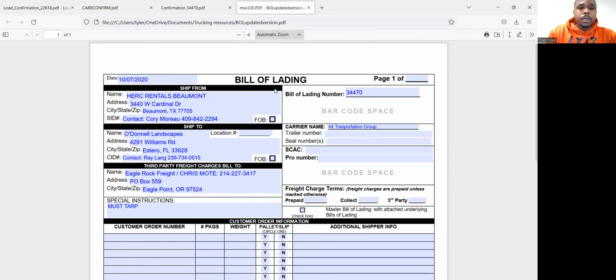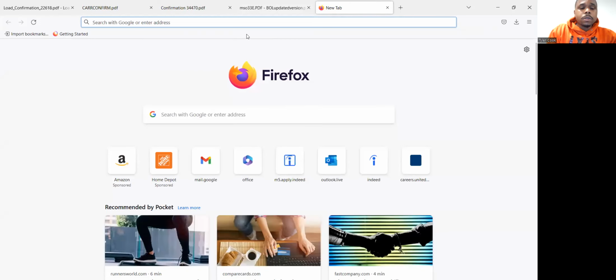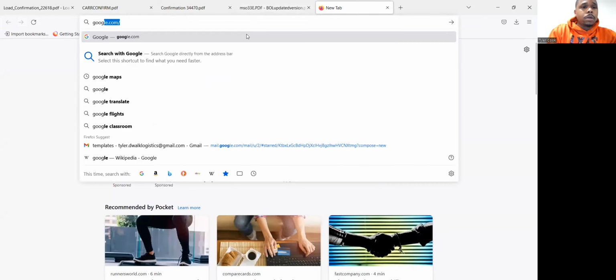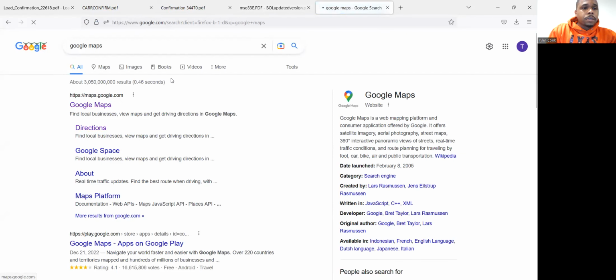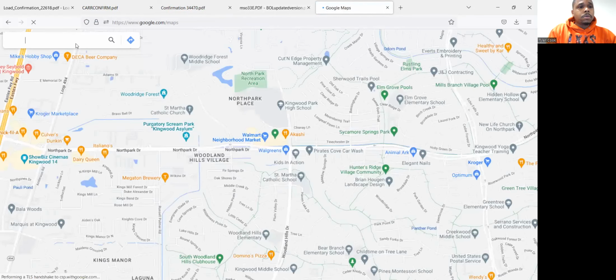Now this is what I want to show you. We're gonna validate whether old boy was telling the truth or lying with these miles. So we're gonna copy this address, then go to Google Maps. We're gonna copy over the address.